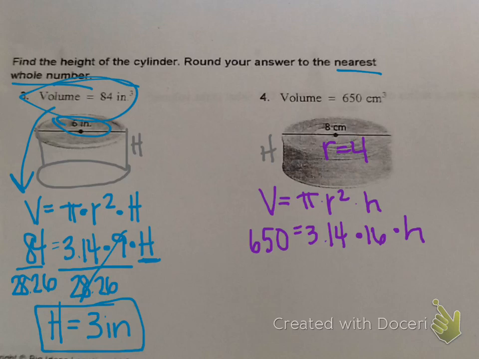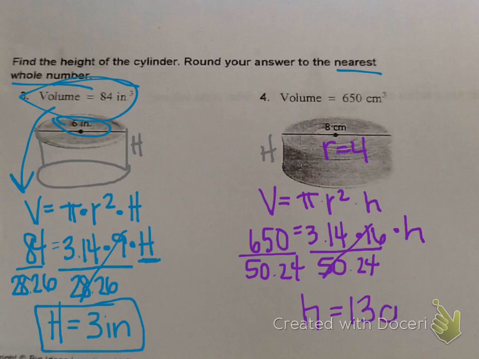So 3.14 times 16 gives me 50.24. So if I divide by 50.24, I get a height of 12.93789809. So rounded to the nearest whole number would be a height of 13 centimeters.